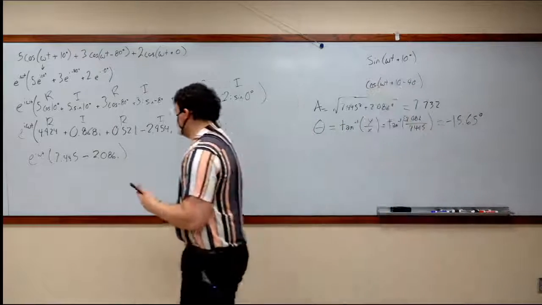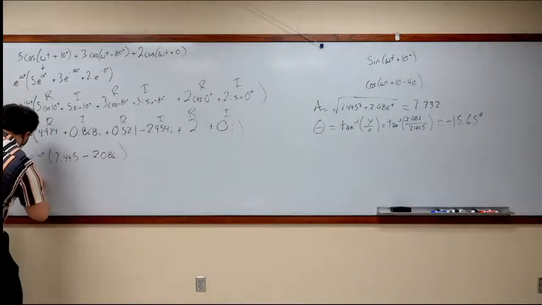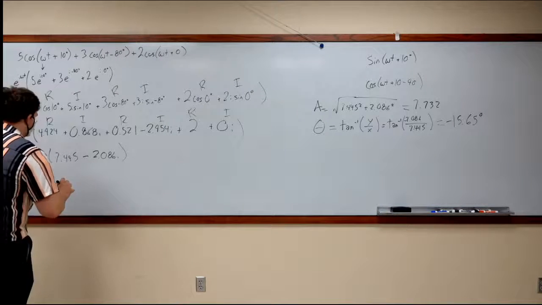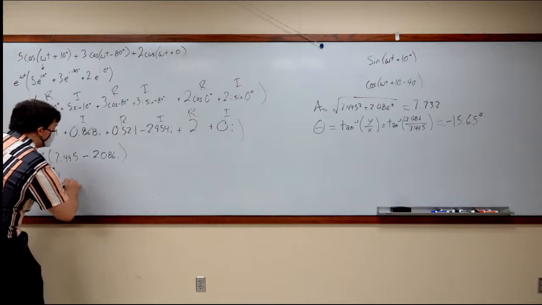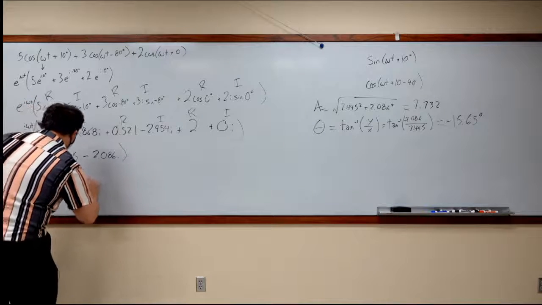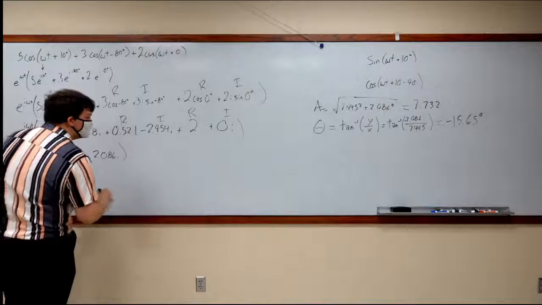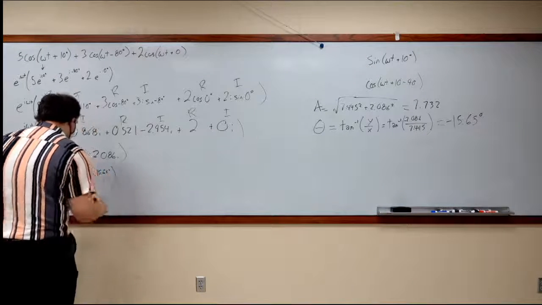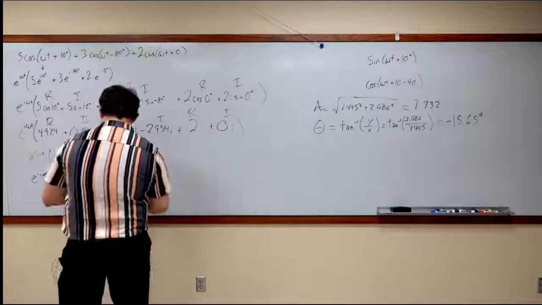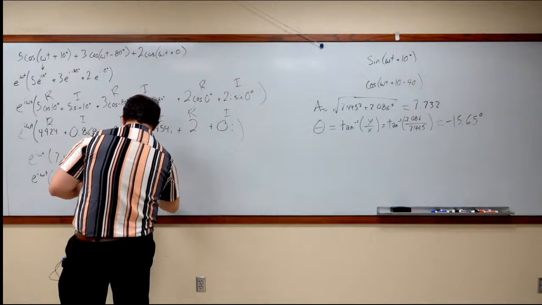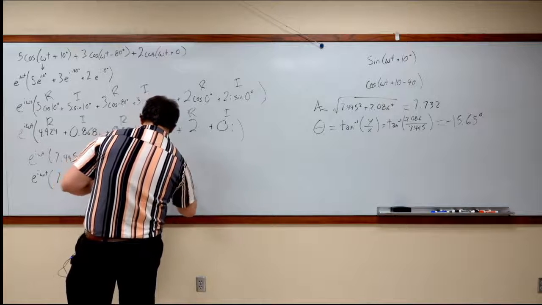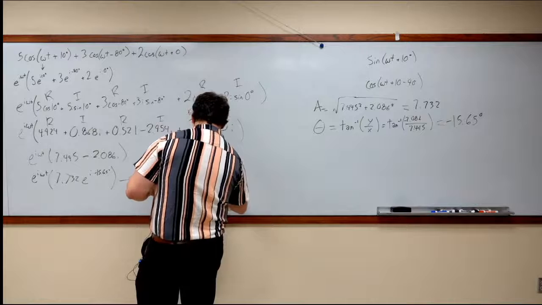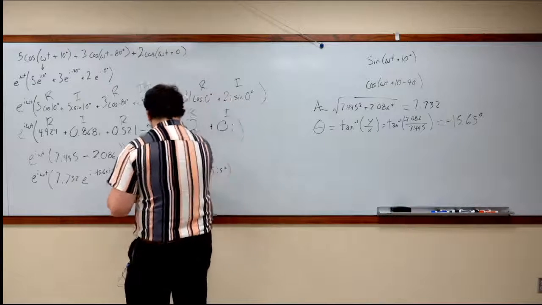So our final answer is, well, if we just keep writing this out, e to the i omega t times 7.732 e to the i times negative 15.65 degrees, which just means that we have 7.732 cosine omega t minus 15.65 degrees. And that's our final answer.